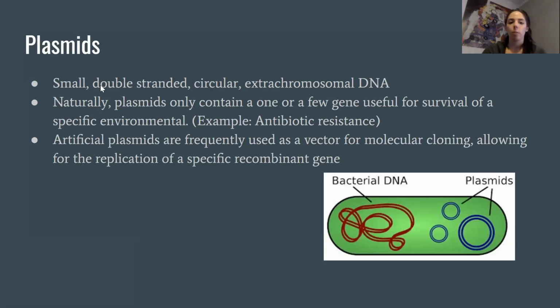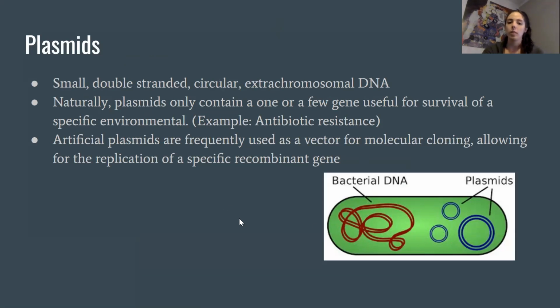So what are plasmids? They're small double-stranded circular extrachromosomal DNA. So here in this image, we're seeing bacterial DNA, but then we're also seeing these, this is not drawn to scale, plasmids are significantly smaller, and they're circular, and again, they're extrachromosomal.